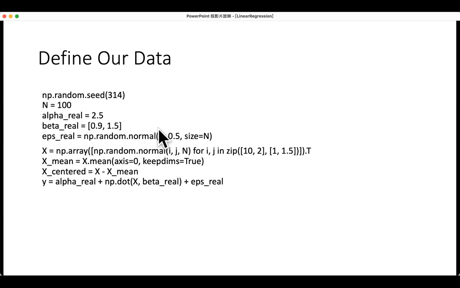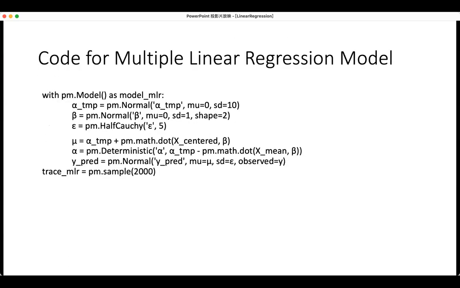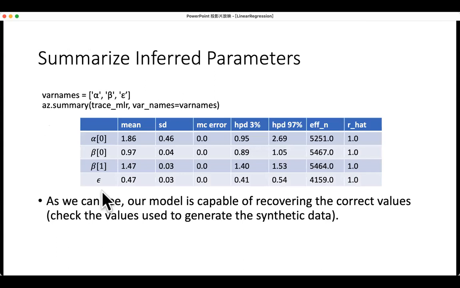So 1.86 is a little bit away from 2.5, but this 0.97 is very close to 0.9, right? And 1.47 is very close to 1.5, right? And epsilon is between 0 and 0.5, yes. So this model is capable of recovering the correct values.